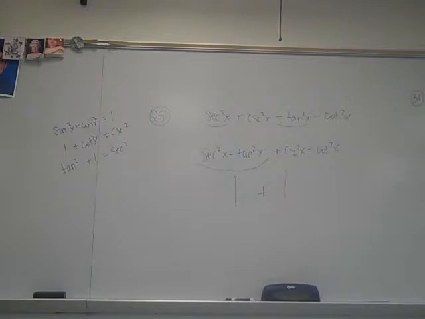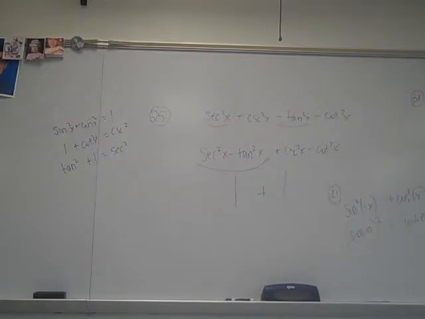Okay, and 21. This is this positive negative stuff, or even odd stuff. Sine squared of negative x plus cosine squared of negative x. This means the sine of negative x, the whole thing squared, plus the cosine of negative x, the whole thing squared.